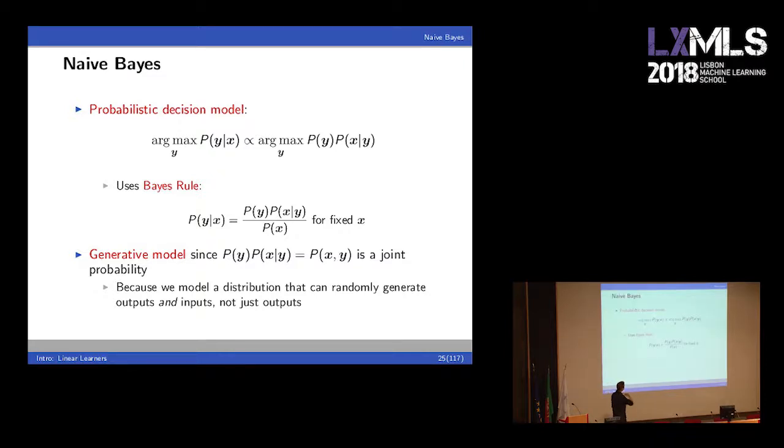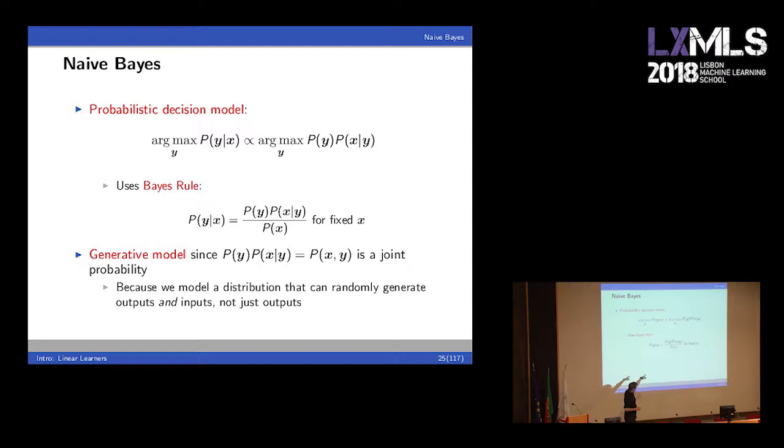The model that we are using in naive Bayes is a probabilistic model. The discriminant model is the conditional probability of label given input.